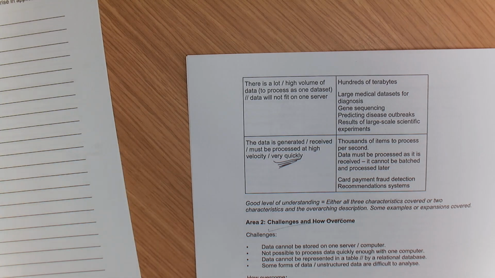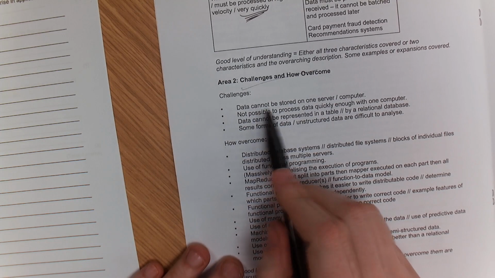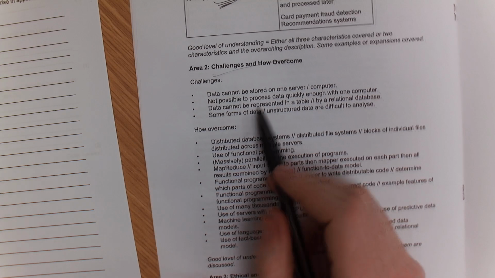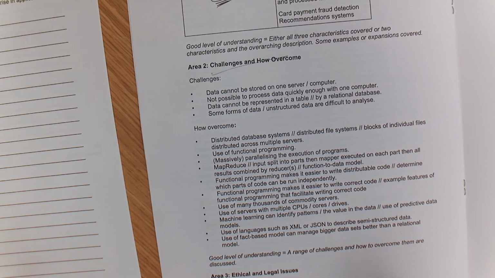So that is a challenge, because data cannot be stored on one server. Think about how we have all of these data farms now. If it asked you about an environmental issue, there's one right there. We're getting more and more servers, that's more and more electricity, and more and more land that we're using for these servers. It's not possible to process quickly enough with one computer, which is why you have multiple computers.